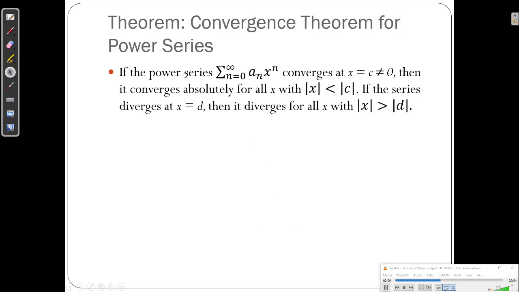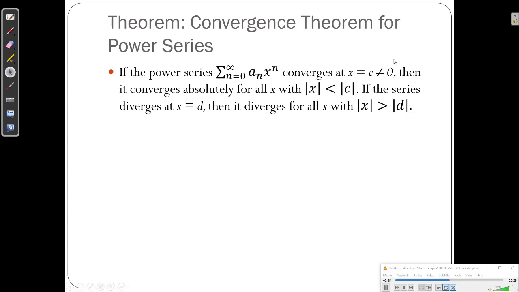So this is the only theorem we're going to prove in the video today. But it says if the power series converges at a number c, then it converges absolutely for all x with x less than c in absolute value. So all x that's closer than that value to 0.